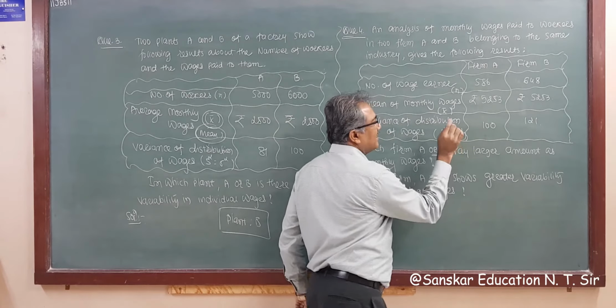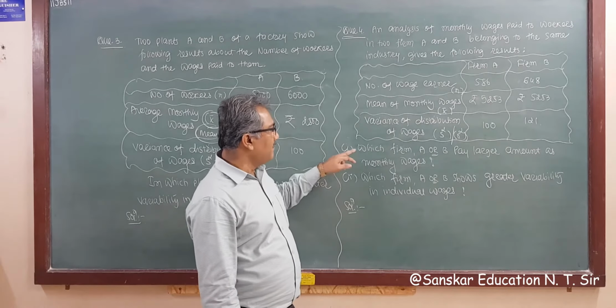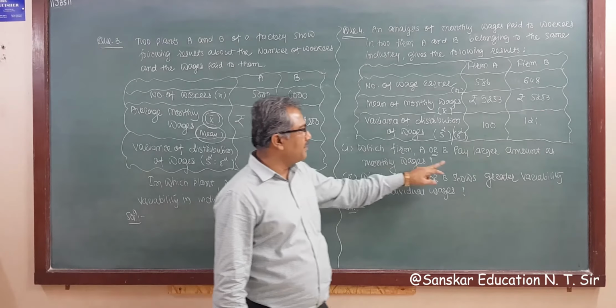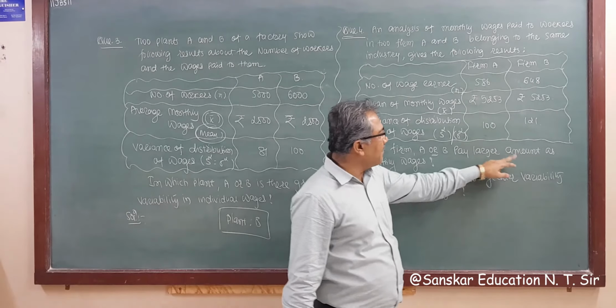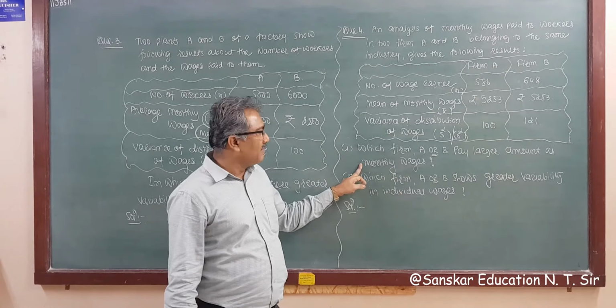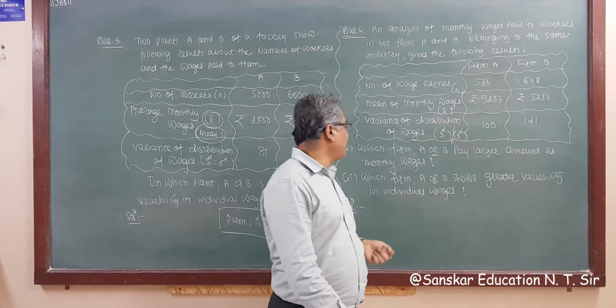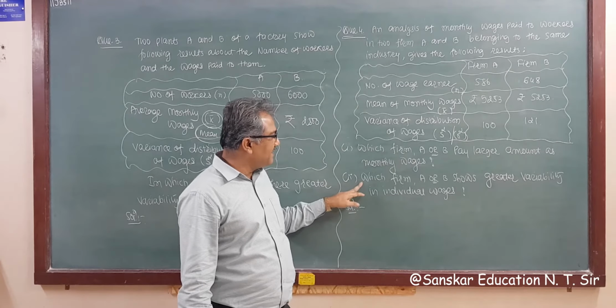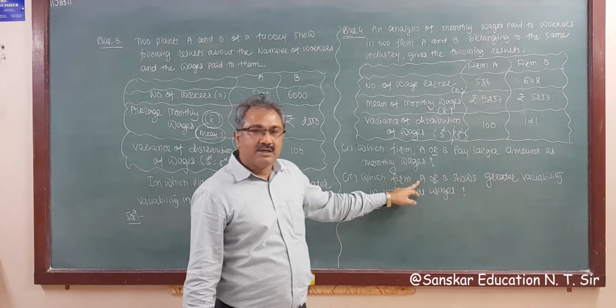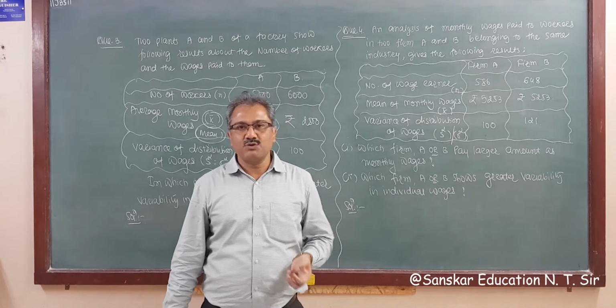So which firm, A or B, pays larger amounts as monthly wages, and second, which firm, A or B, shows greater variability in individual wages. There are two questions.